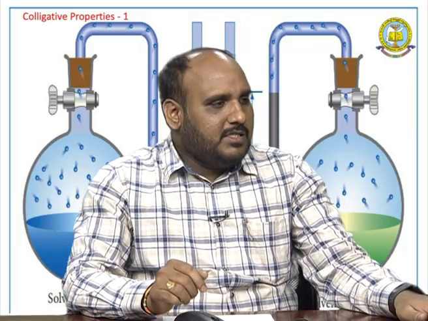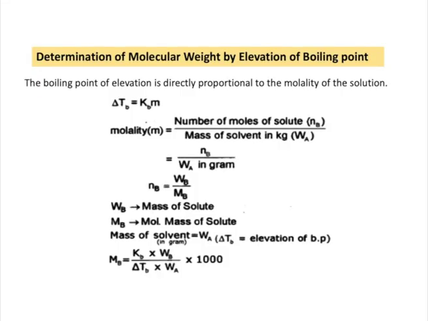So, that means the determination of molecular weight by elevation of boiling point. The elevation of boiling point can be determined by applying the concept of colligative properties. The elevation of boiling point is directly proportional to the molality of the solution, as we discussed. Molality is the number of moles of solute dissolved in 1 kg of solvent.